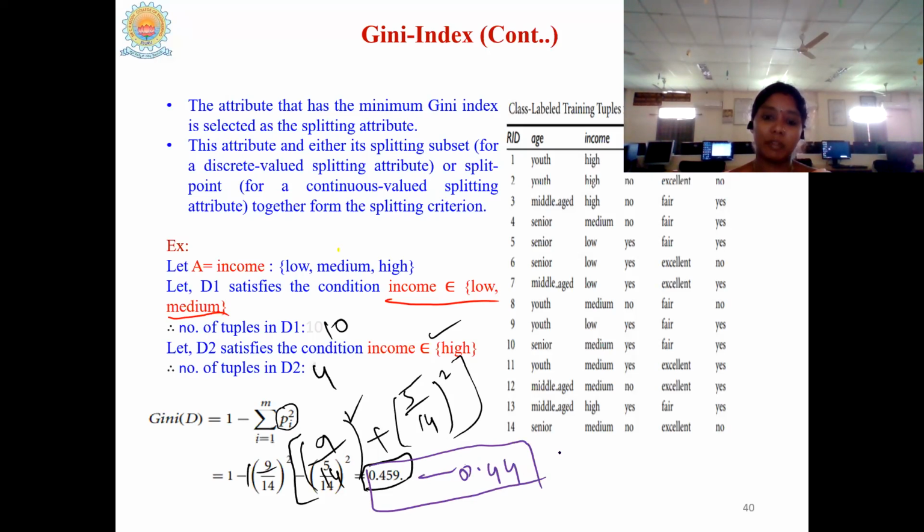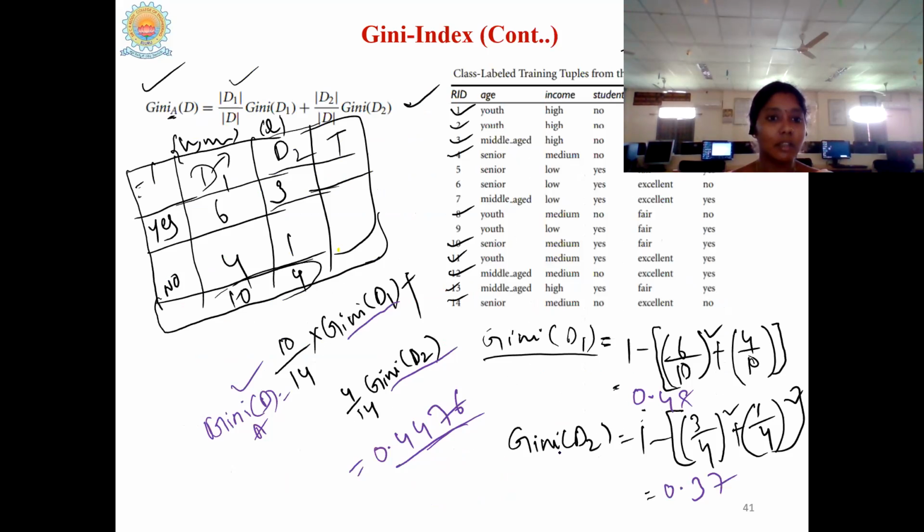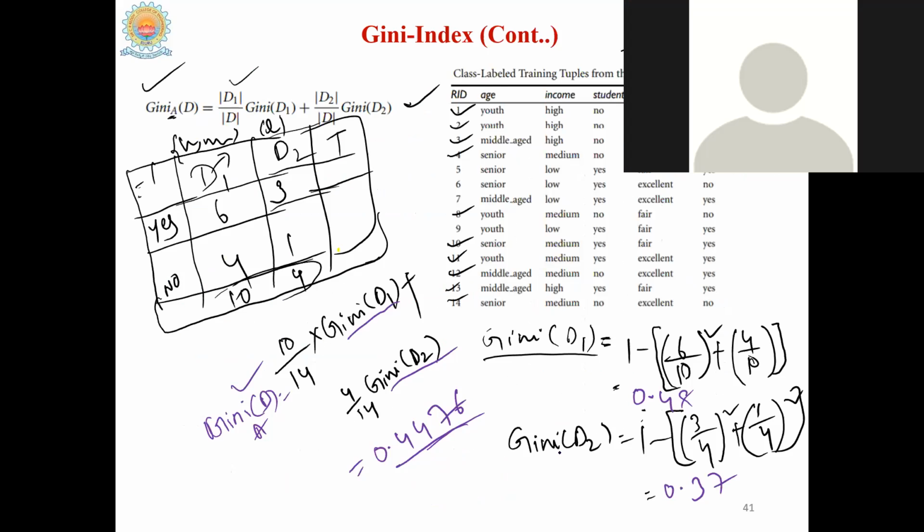So what's the next task? Is there any other subset we can draw from this income? So now we have considered the subset low, medium. Out of three values, we are having three values, right? High, medium, low. We considered high, medium, ma'am.